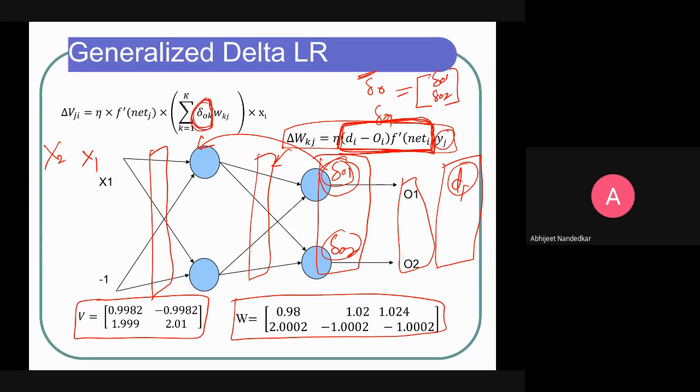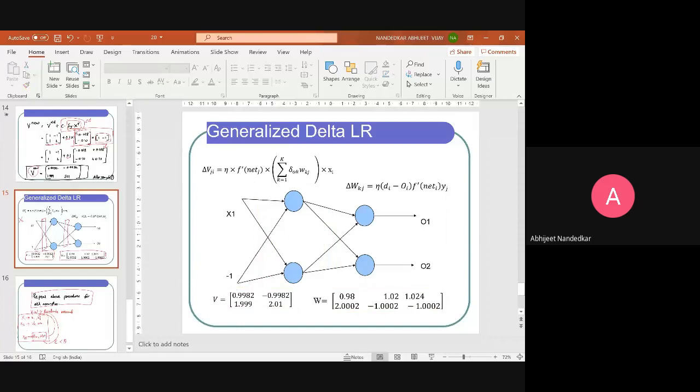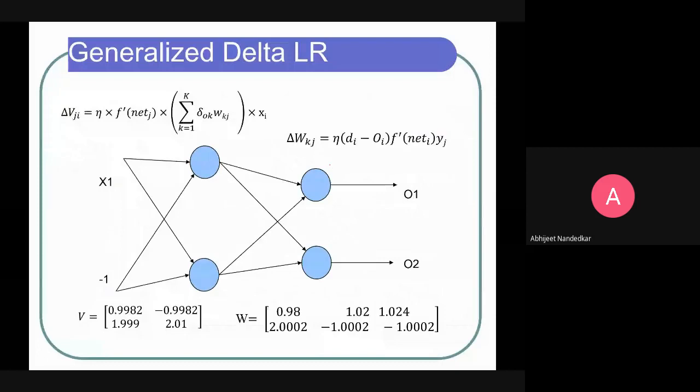So this delta signal is required to compute delta Y1 here and delta Y2 here. Now how is it computed? Just one second, I will discard all these drawings. I just repeat. Suppose delta O1 and delta O2 are calculated. Then I need to calculate delta Y1 and delta Y2, and they are computed using this.